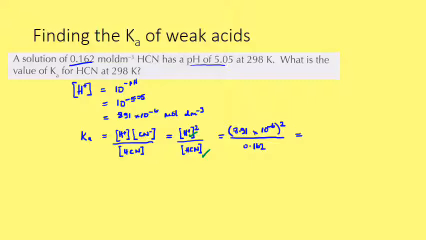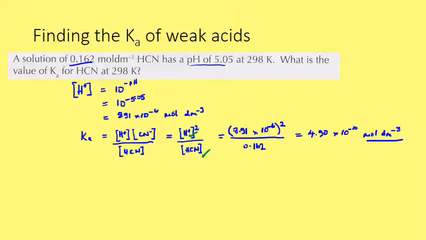When we put that into our calculators, we get 4.90 times 10 to the minus 10 moles per decimeter cubed. Those are the units for Ka, which is worth remembering as it happens.